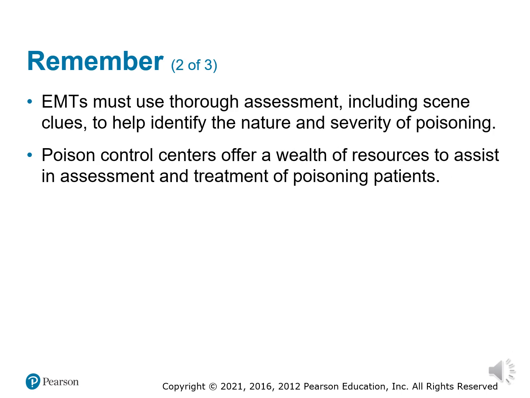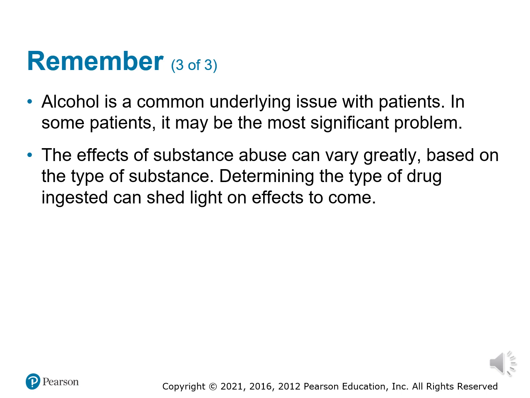Remember, EMTs must use thorough assessment, including scene clues, to help identify the nature and the severity of the poisoning. Poison control centers offer a wealth of resources to assist in assessment and treatment of poisoning patients. Alcohol is a common underlying issue with patients. In some patients, it may be the most significant problem.